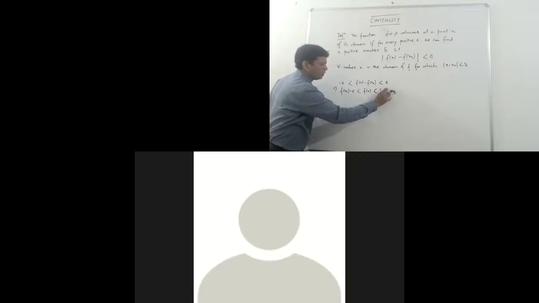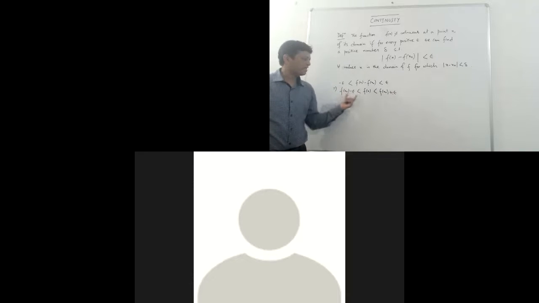So f(x) lies in this interval. And if you choose epsilon very small, the strip will shrink thinner and thinner, so your neighborhood will be closer.